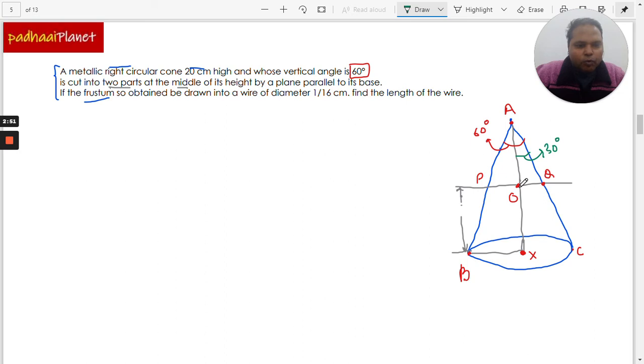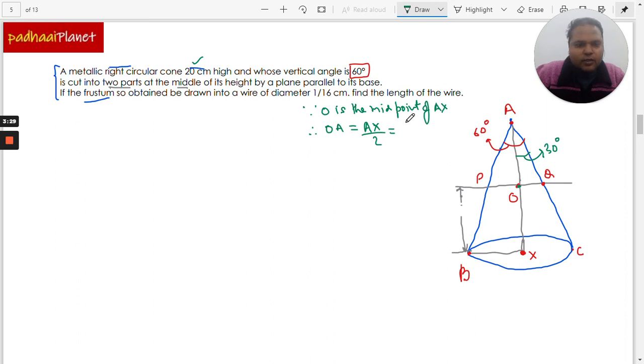Since O is the midpoint of AX, therefore OA is equal to half of AX, meaning the total height of the cone, and that's 20 centimeters.